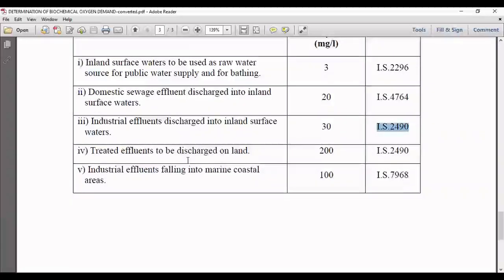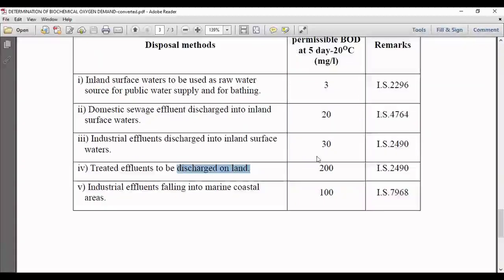Treated effluents to be discharged on land. If I've treated the wastewater in the STP and I do not want to discharge it into the inland surface water, but want to discharge it on the land, then the limits are slightly on the higher side.